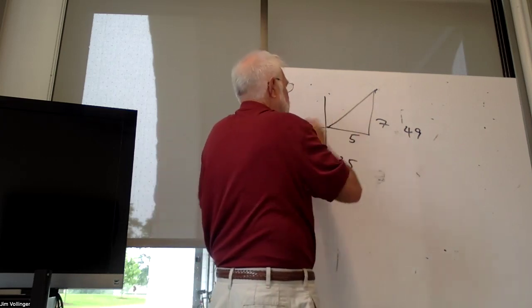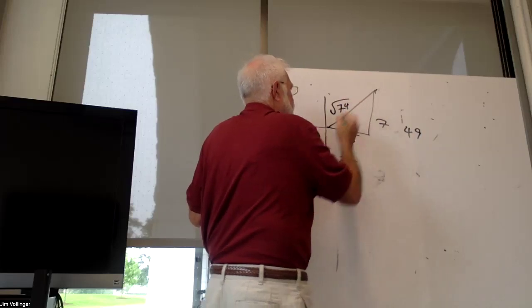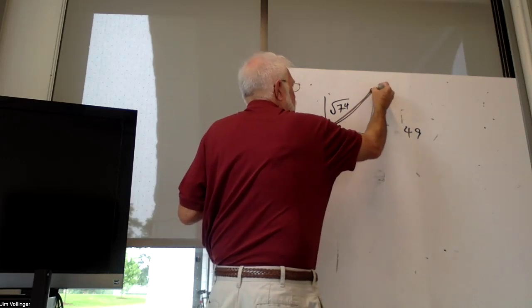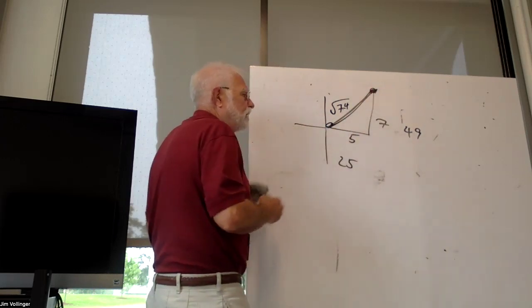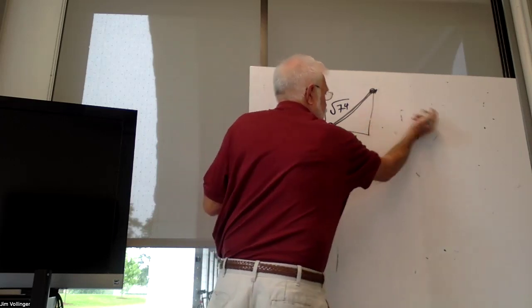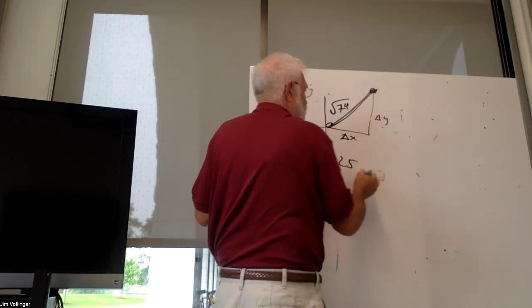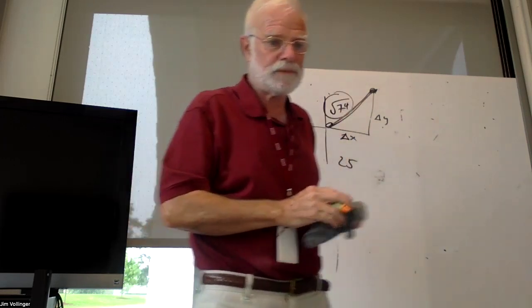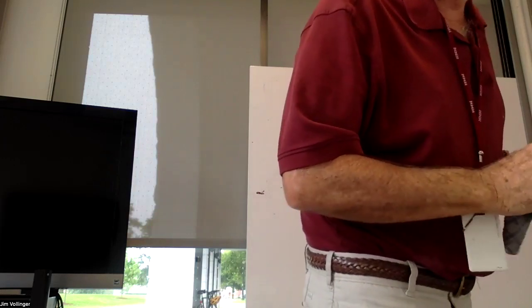So therefore z is the square root of 74. And I guess that's a distance, isn't it? Well, if I can get a change in x and a change in y, it sure looks like I can find the distance between a couple of points. Nice to know. Oh, that's what the next problem is.